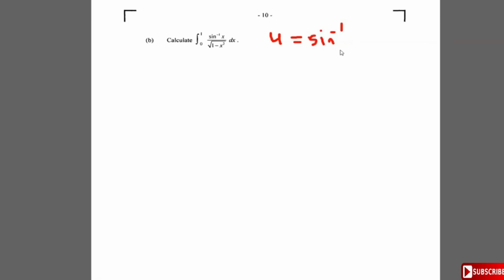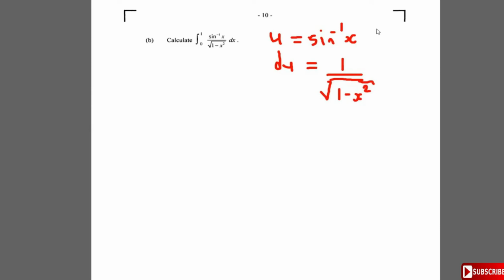If u is sine inverse of x, then you can find du. du is going to be equal to 1 over the square root of 1 minus x squared dx. Nice and easy, so that's du.